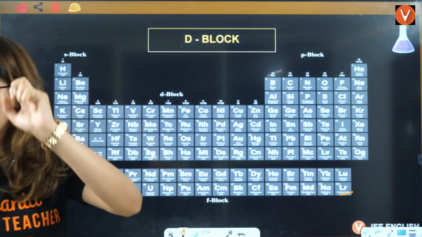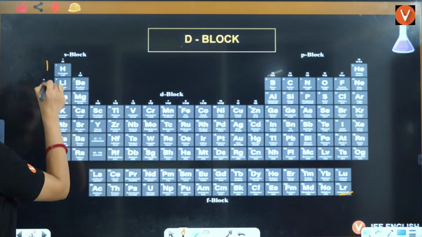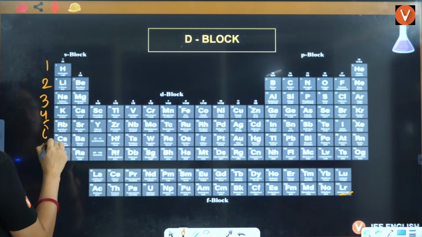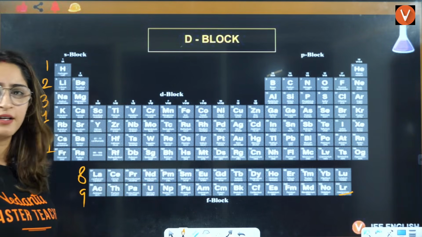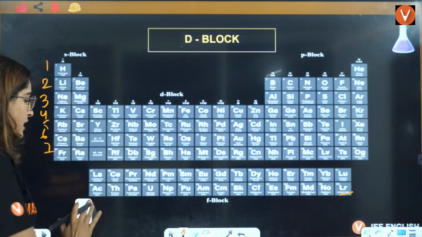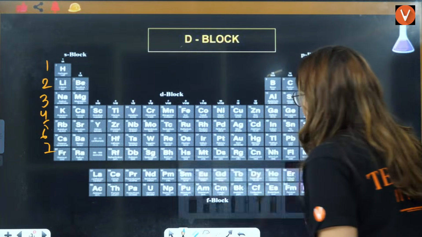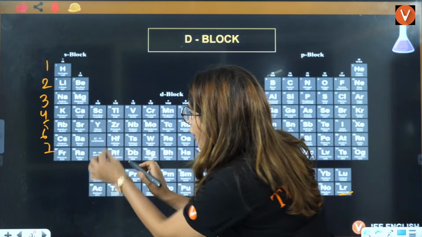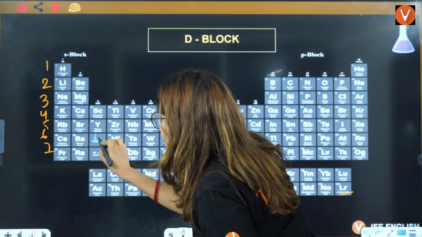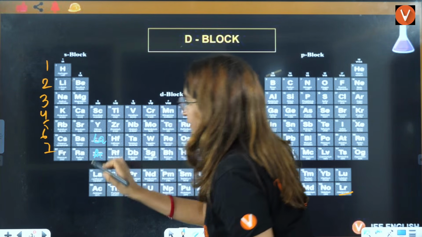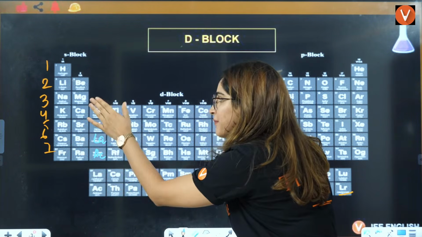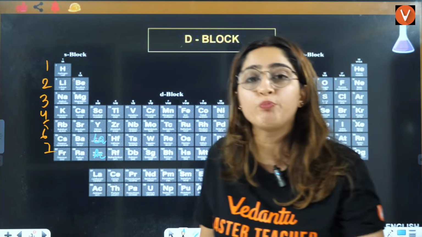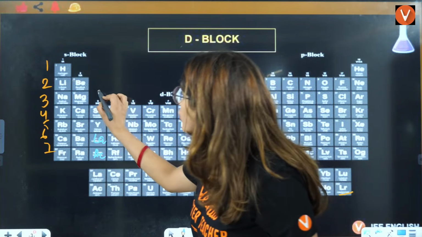And the second question is, ma'am, why is it not numbered 1, 2, 3, 4, 5, 6, 7, 8, 9? Why is it not 8, 9 here? The reason is, if you see here, this is your lanthanum, this is your actinium. Lanthanum and actinium are members of group 3.